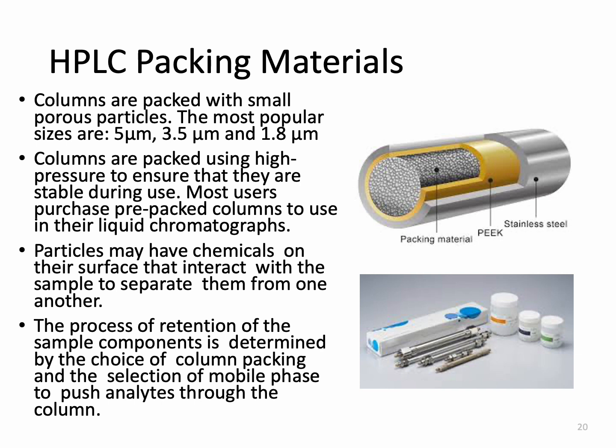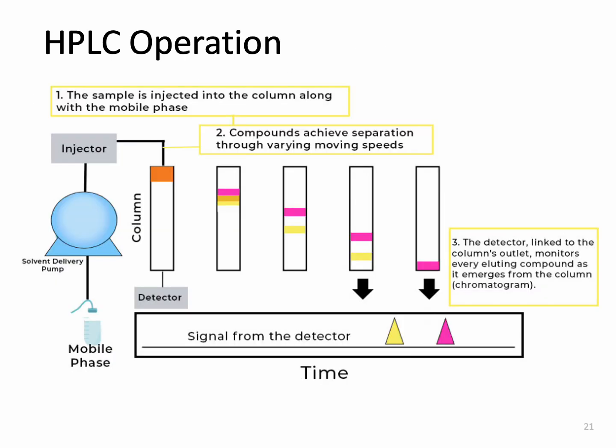When our sample passes through this packing material, we are going to see less or more interaction between the packing material and our sample. After the sample passes through the packing material, we see several compounds getting out of the HPLC at different times.